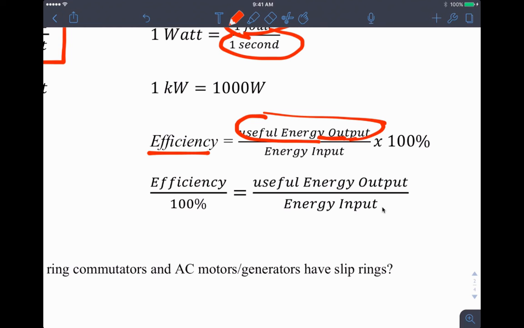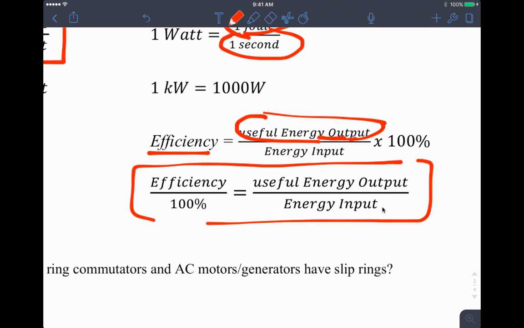Some students like this second version, so I added it. We can rearrange this so it's set up as an expression of fractions. Such that if there's an unknown, like say you don't know your output, but you know the efficiency, which is measured in percent, it'd be efficiency over 100%.